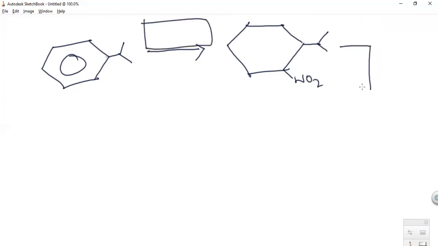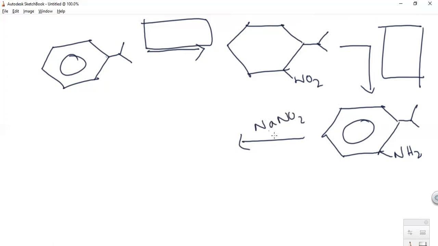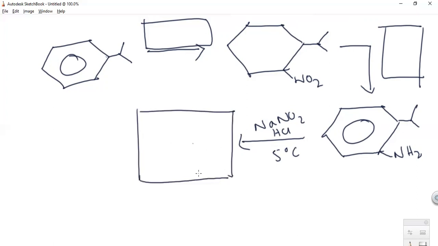Then from there, they are giving you this product, and they are also asking you to give the condition in this case. And from here, they're saying we are now giving you NaNO2, HCl at 5 degrees centigrade. Now draw this product, whose molecular formula they haven't given you, but when this is done with something, they tend to form this.